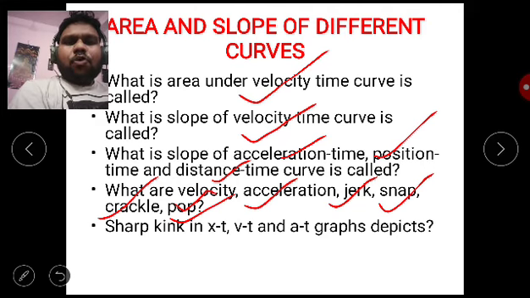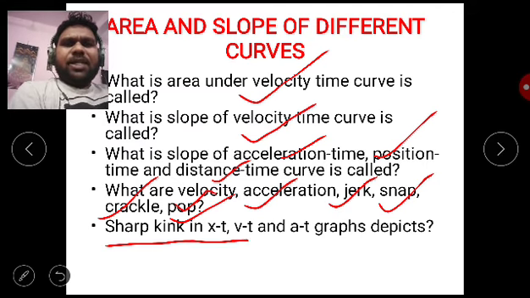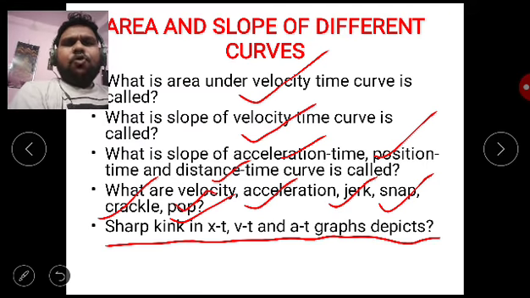We mostly study velocity and acceleration, and these two things are covered in your book, and jerk, snap, crackle and pop are the higher order derivatives of position with time. So now the question arises, what do we mean by a sharp kink in position time, velocity time and acceleration time graphs?